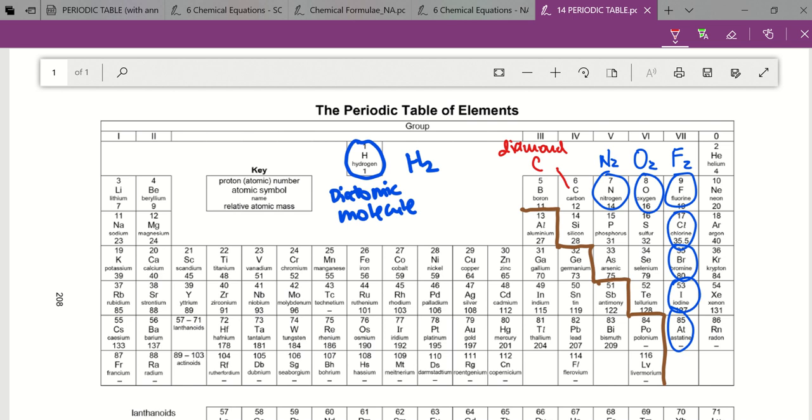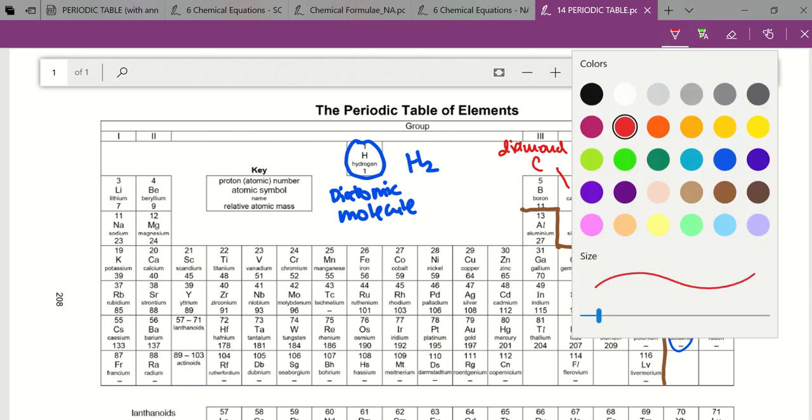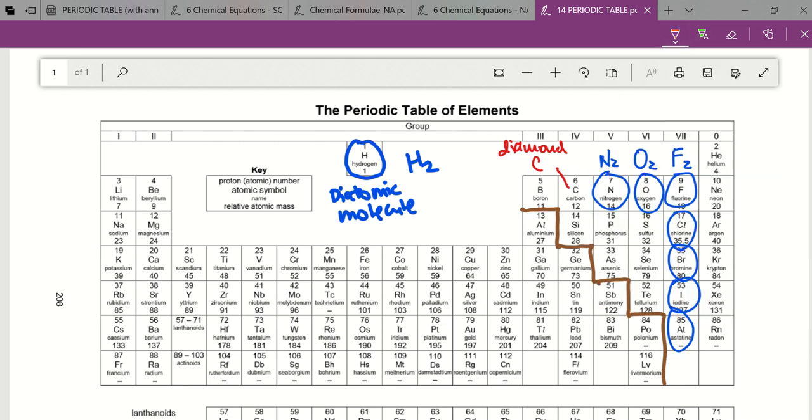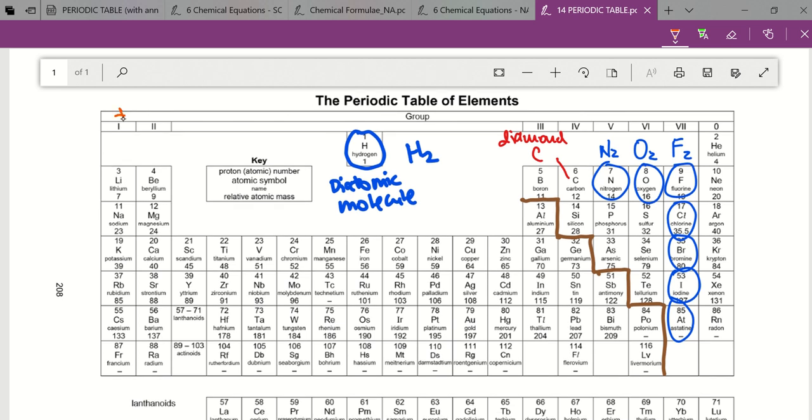Okay, since we're on the periodic table, let me just fill up with the charge of the ions for ionic compounds as well. Then you will have a complete picture for this. For ions that fall under group 1, because they all have one valence electron, the charge will always be plus.